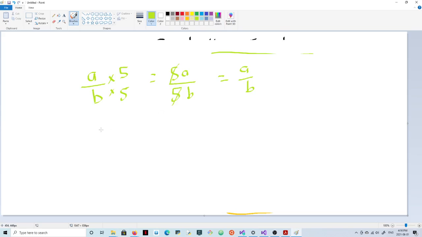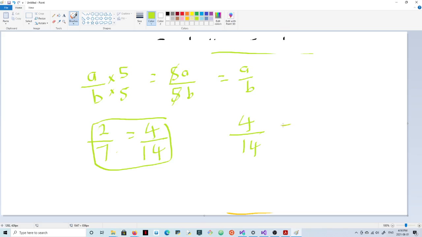So, 2 upon 7 is the same as, let's say I multiply the top by 2 and the bottom by 2. I'm not changing anything. So it's going to be 4 upon 14. This and this is the same. Now, in the questions you had like 4 upon 14 is the same as, let's say they give you 2 upon something here.